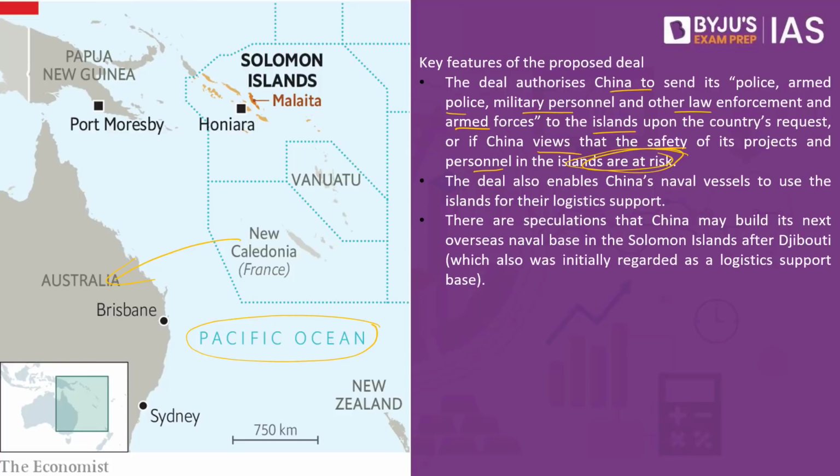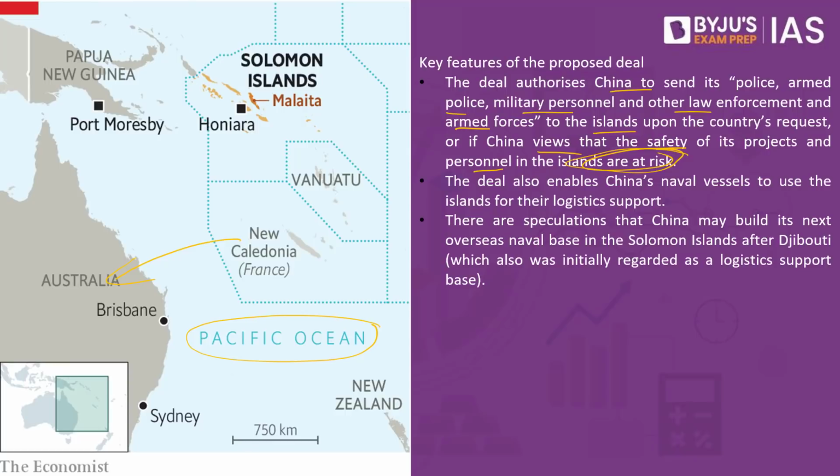There are two viewpoints to it. Let's assume for a moment that there is an internal turmoil. Let's say there is a public order issue or there is a riot. In that particular case, this security cooperation says that the government would be able to ask China to send Chinese personnel to this island so that they are able to take care of the public order. That's the key parameter for the security cooperation.